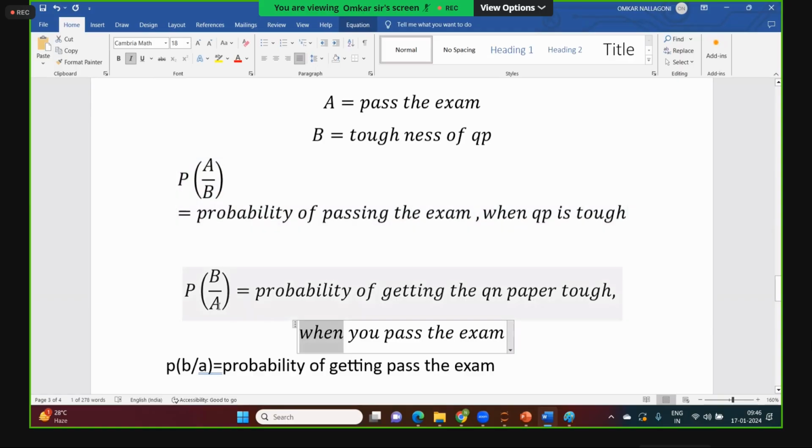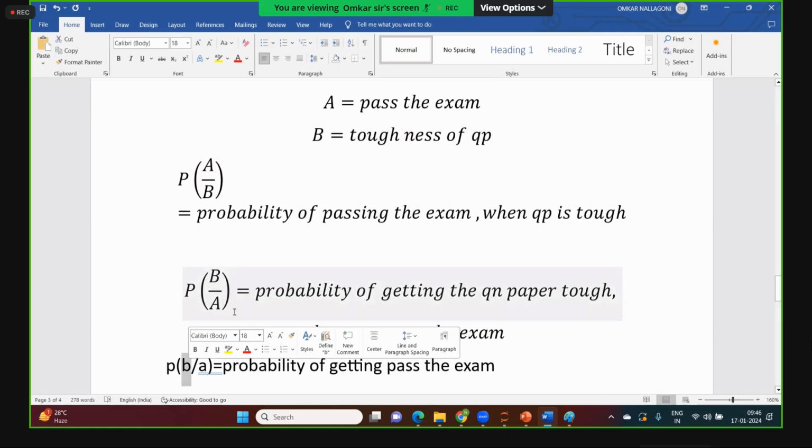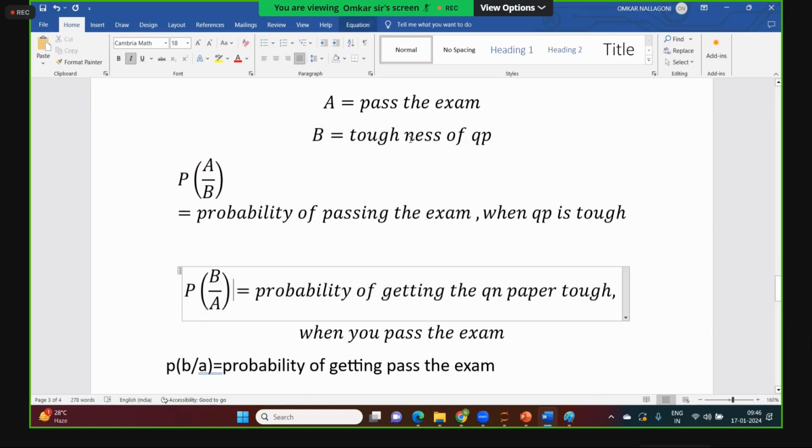So you're talking about probability of passing the exam. B is the toughness of the question paper, right? You need to talk about P of B when A occurs. That is only what I am saying. You are doing the reverse.